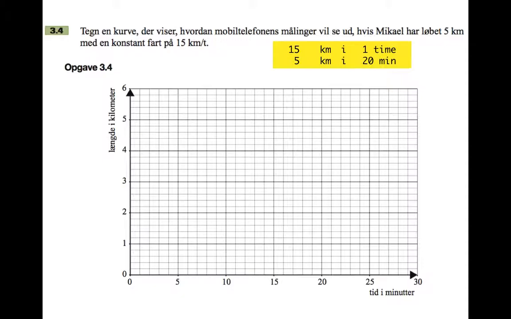I've just divided everything by 3 there. So at that speed, where he's going 15 kilometers per hour, 5 kilometers would take him 20 minutes. And we're talking about him running 5 kilometers. So we need the graph to show 5 kilometers in 20 minutes. And there it is.